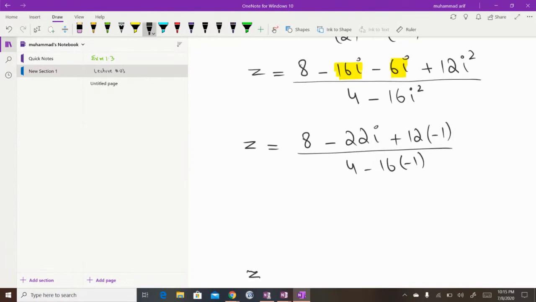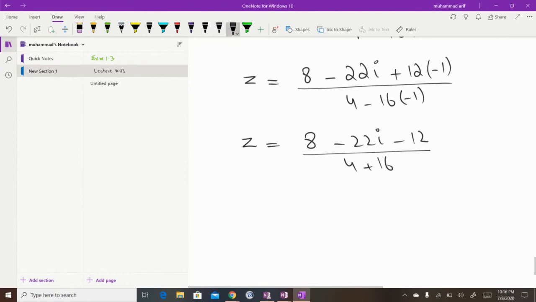Now simplify it. After simplification we get 8, negative 22 iota, negative 12 divided by 4 plus 16, because negative and negative become positive.